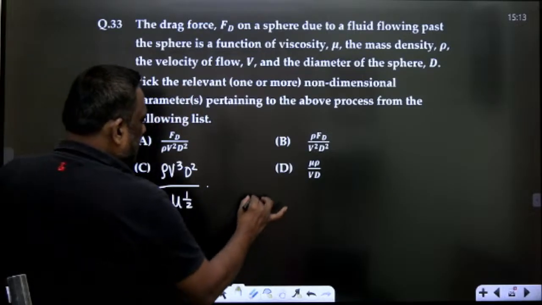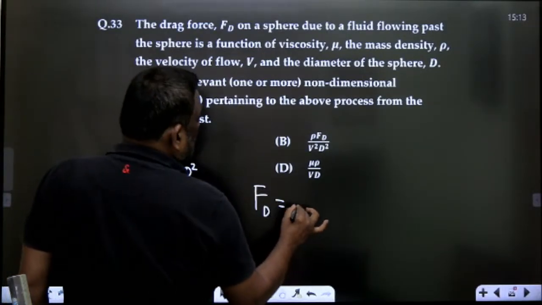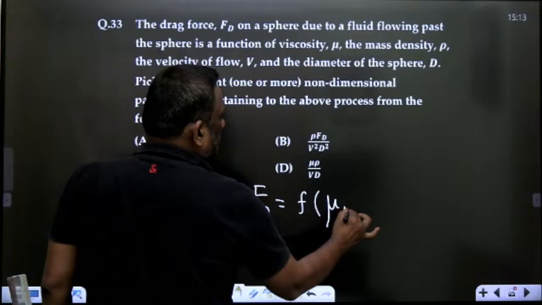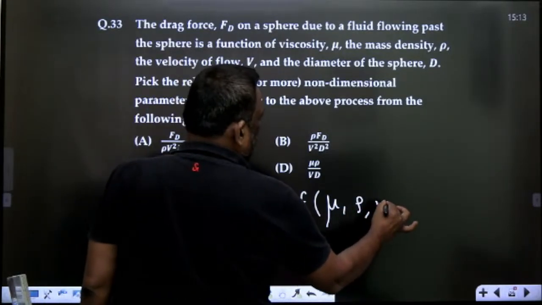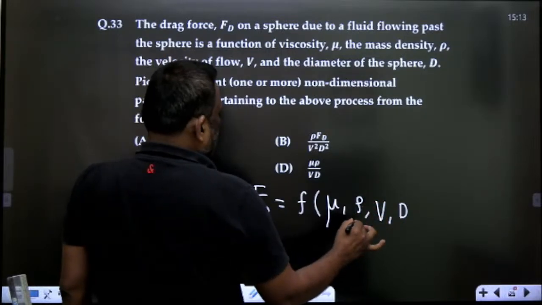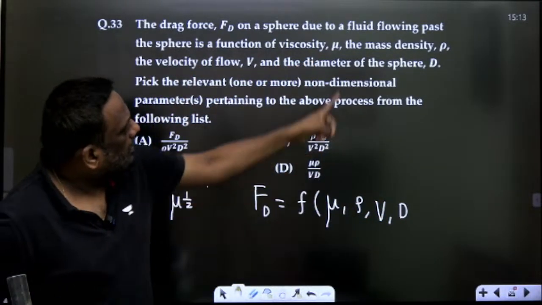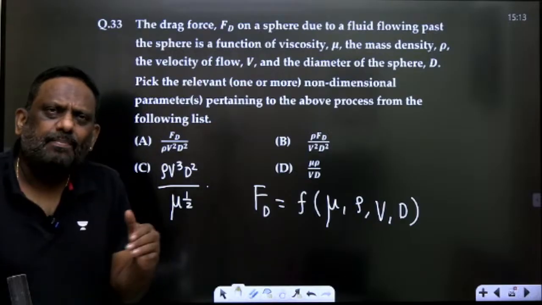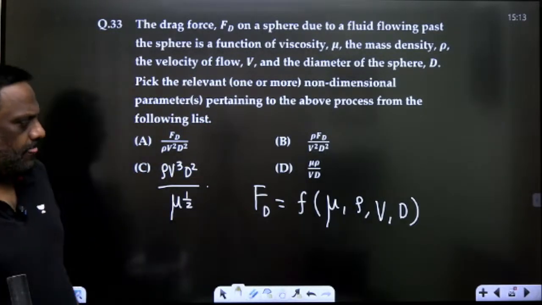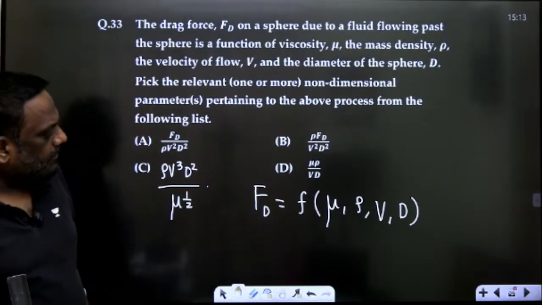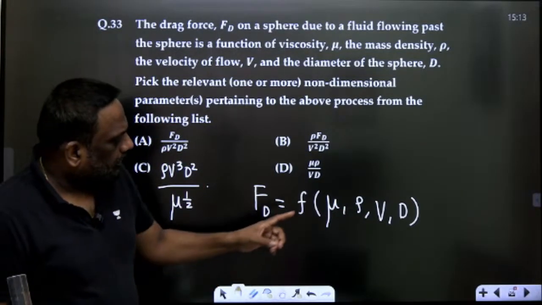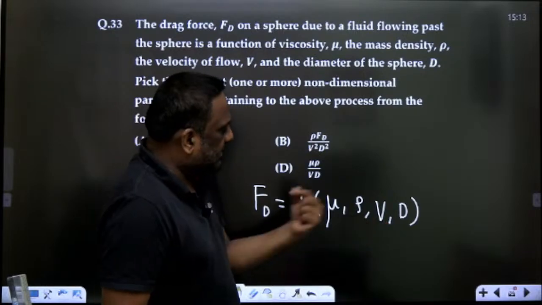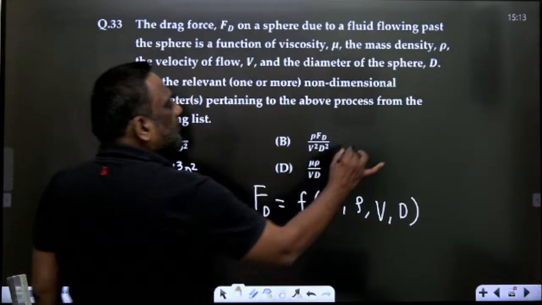The drag force F_D is a function of viscosity mu, density rho, velocity v, diameter d. ओके, लेट अस अप्लाई बकिंघम्स थ्योरम. रिपीटेड वेरिएबल्स ले लेंगे. डेंसिटी को मास के लिए लेना है, डायमीटर को लेंथ के लिए लेना है, वेलोसिटी को सेकंड के लिए लेना है. सो दीज आर द रिपीटेड वेरिएबल्स.